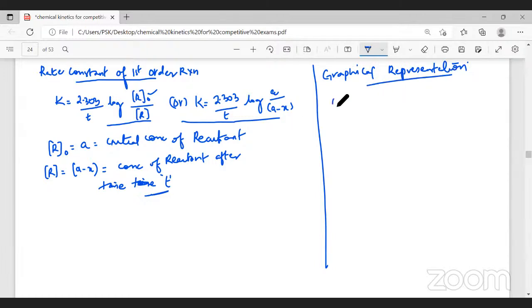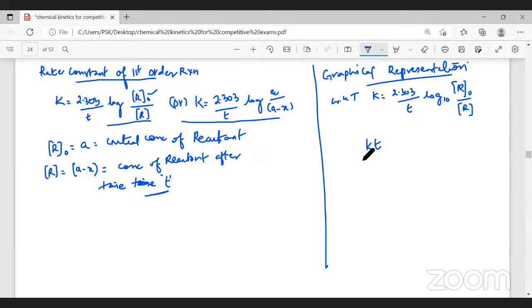Now, we know K is equal to 2.303 by t log to the base 10 of R naught, the initial concentration of the reactant, by R. We know this is the rate equation. Now we can rearrange this equation. We cross multiply t with K, and we get Kt.